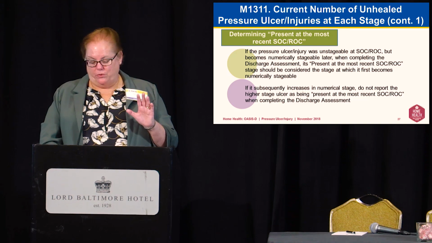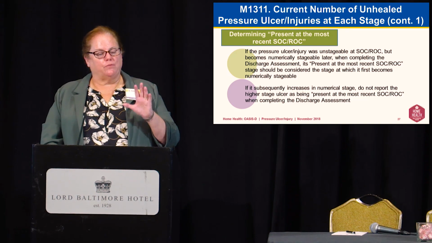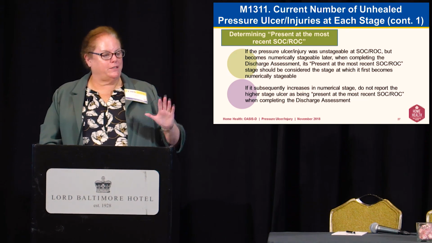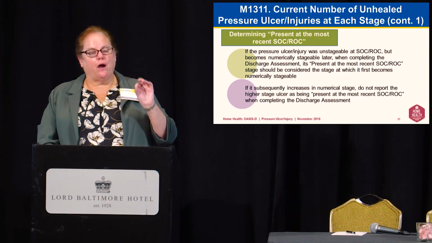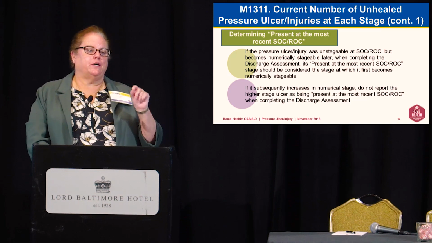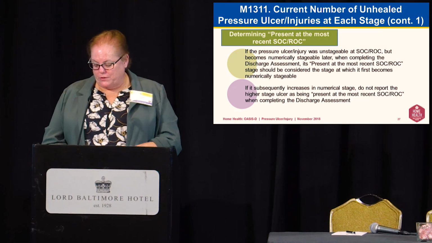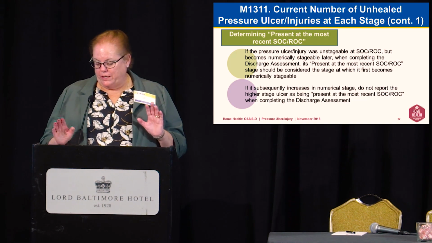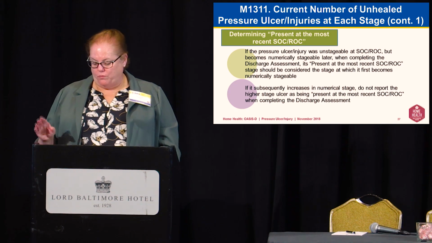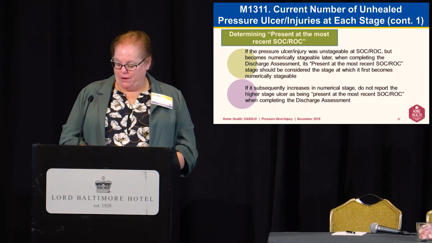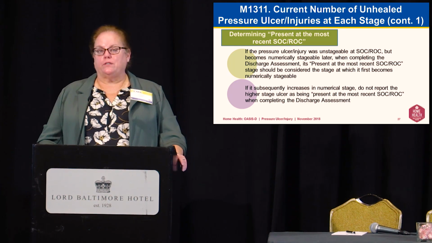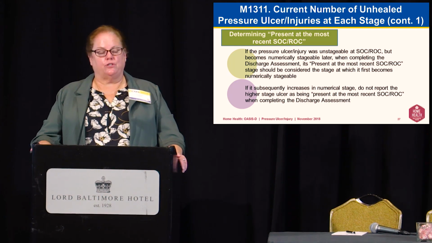That becomes stage 3 present upon admission. You're not going to go back and change your SOC/ROC. But now we know it's the first time it's staged as a 3. If it subsequently increases in numerical stage, we don't report it as a higher stage ulcer as being present upon the most recent SOC/ROC when completing the discharge assessment.